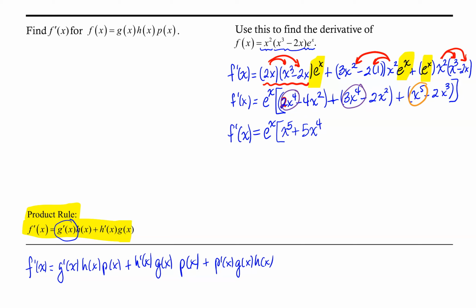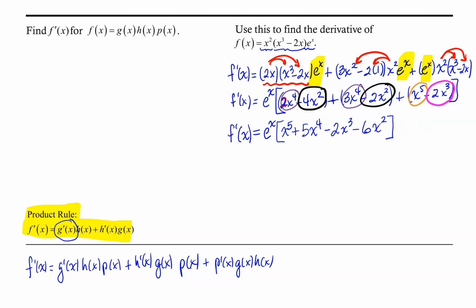X cubed terms, it appears we have one of those, and that's a minus 2x cubed. And then now looking at x squared terms, we have a minus 4x squared and a minus 2x squared, which should give us a minus 6x squared. And that takes care of all of those terms.